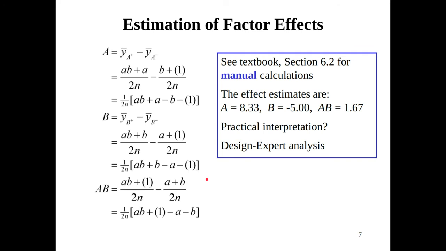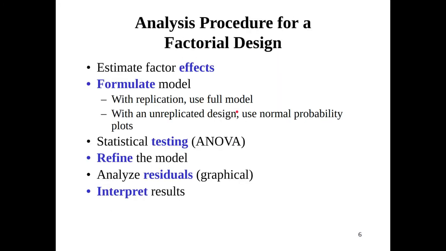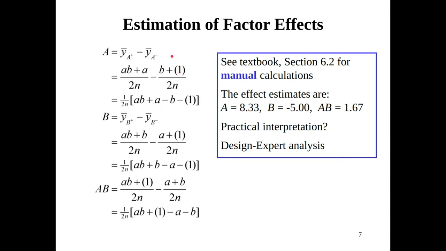So in our problem here, we want to estimate the factor effects. How do we do that? What will be the effect of A on the yield, on the response variable?